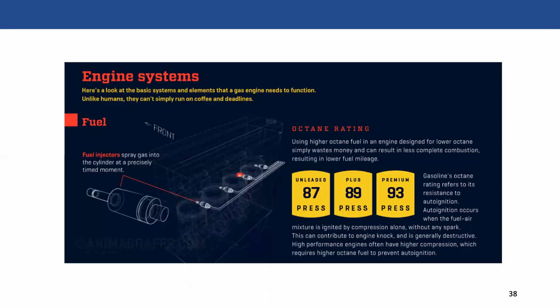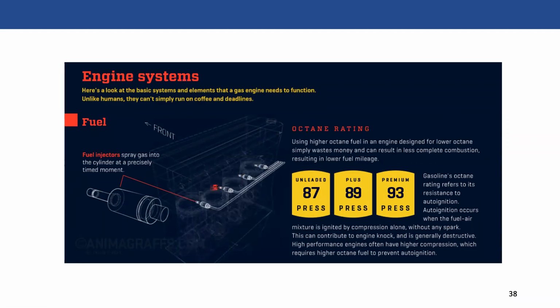Okay, so I briefly talked about fuel injectors. These are things that spray the aerosolized gasoline into the cylinder at exactly the right moment. But there's also variation in the fuel types. As we discussed, gasoline isn't always a completely homogeneous mixture, so you can get different quantities of compounds and molecules within the gasoline.